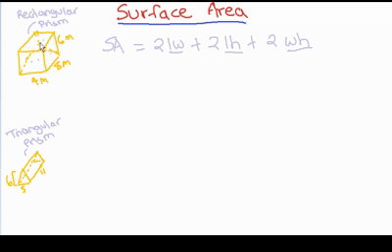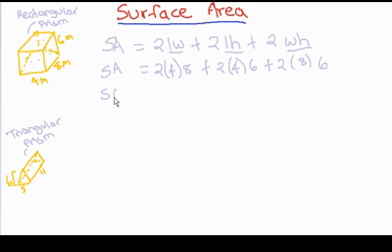So let's try this example right here. So the surface area is equal to 2 times length times width plus 2 times length times height plus 2 times width times height. So let's try this. 2 times the length is 4 and the width is 8 plus 2 times the length is, again, 4 times the height is 6 plus 2 times the width is 8 times the height is 6.